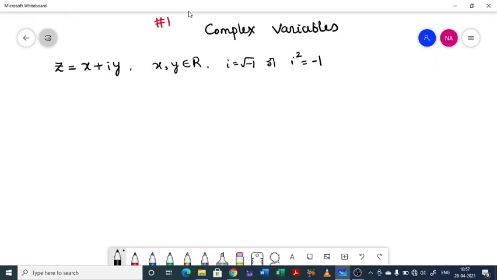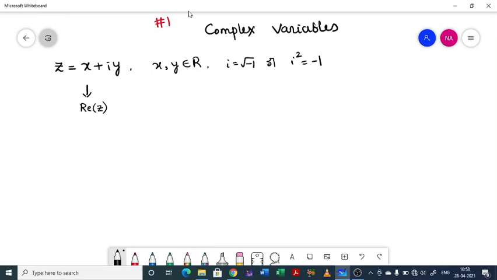Now here x is called the real part of z and we write that as Re of z. So Re of z means x. Here y involves this imaginary quantity i, or complex quantity. As this number involves this complex quantity, we call it a complex number.